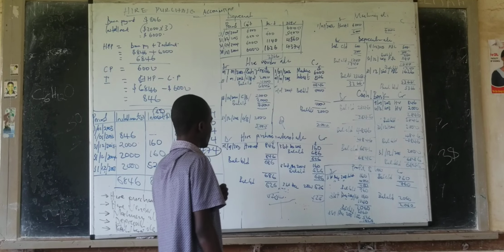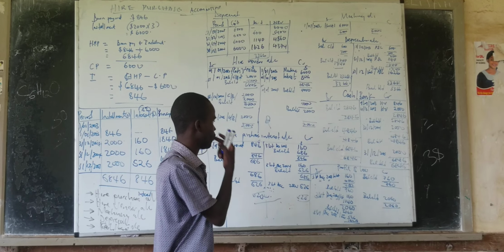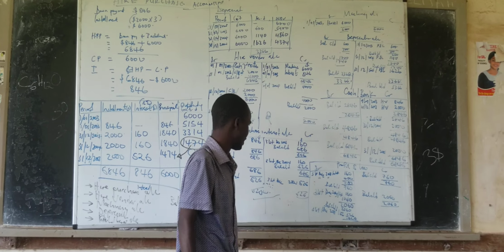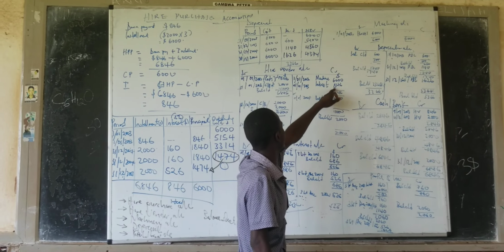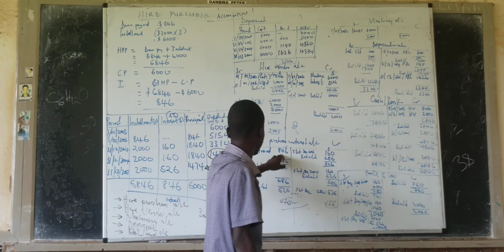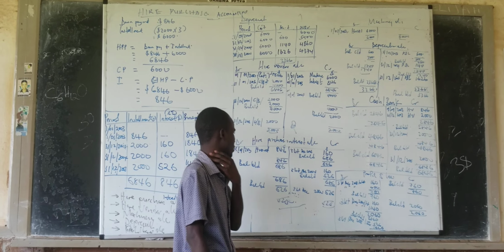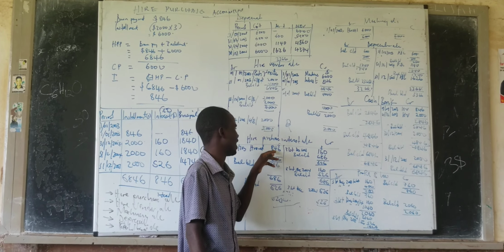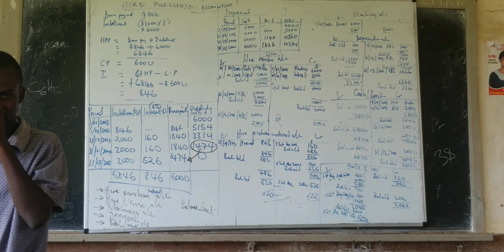Now the next thing is the hire purchase interest account. We saw very well that from the double entry of the hire vendor, this interest is supposed to be paid by the what? This interest is supposed to be paid by the hire purchaser, and this interest account is a liability to the buyer.